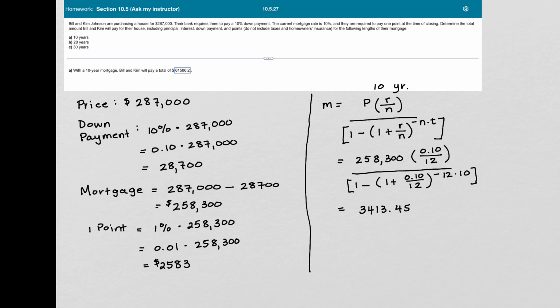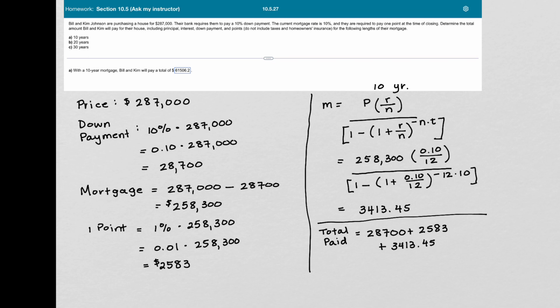So now I want to figure out how much they are going to pay for this house if that's their monthly payment. So the total paid is going to be, first, the down payment. Then they also paid $2,583 plus the monthly payment, which is $3,413.45.